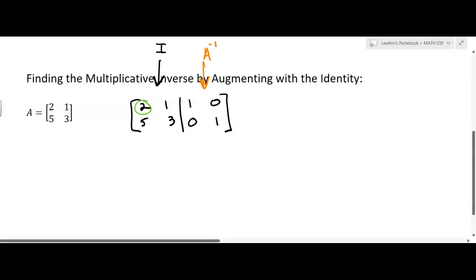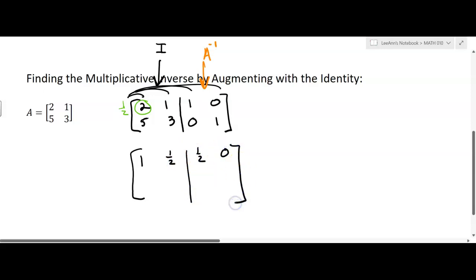Now how can I get 2 to be a 1? Well, I could multiply the whole row by 1/2. So that's what I'm going to do. So I'm distributing here all the way across. So I get 1/2 times 2 is 1. 1/2 times 1, 1/2 times 1, and then 1/2 times 0.